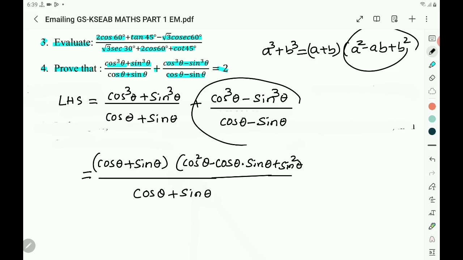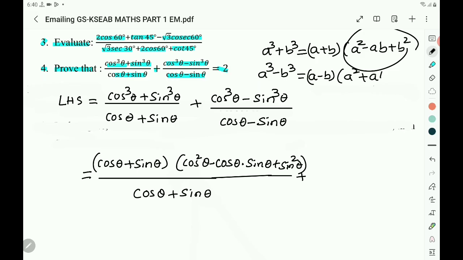Then you take this term plus, then you write the factors of cos cube theta minus sin cube theta. This is in the form of a cube minus b cube. What are the factors of a cube minus b cube? The factors of a cube minus b cube are a minus b into a square plus ab plus b square.